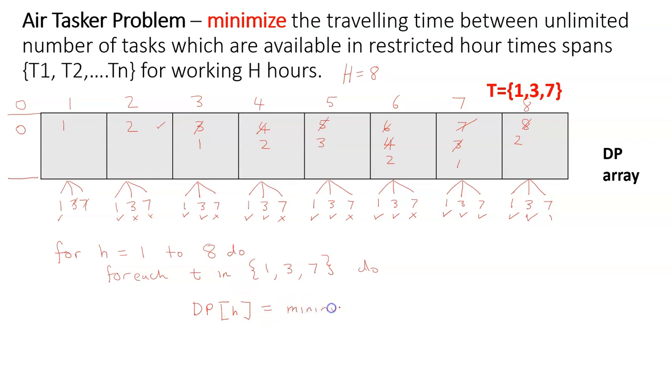We've taken the minimum of what's currently in DP H, because H goes from 1 to 8 hours, with our possibility of going back in time, minus the task length and adding 1 job to that. So that is the equivalent pseudocode for minimizing the jobs taken and minimizing the travel time.